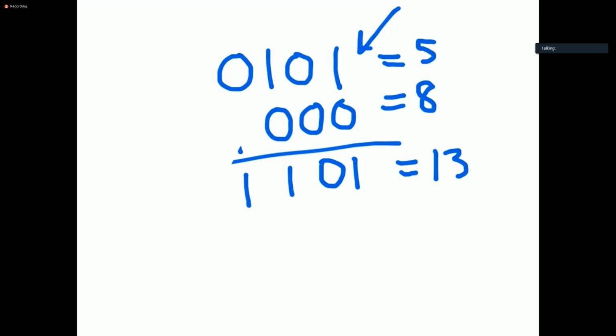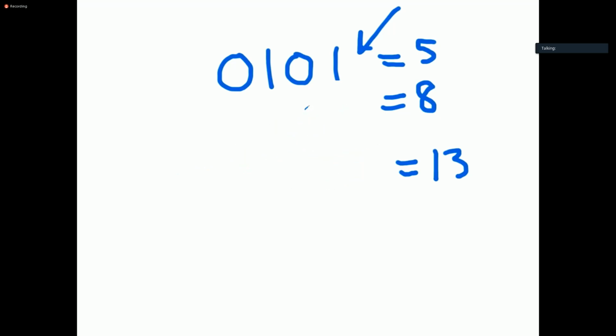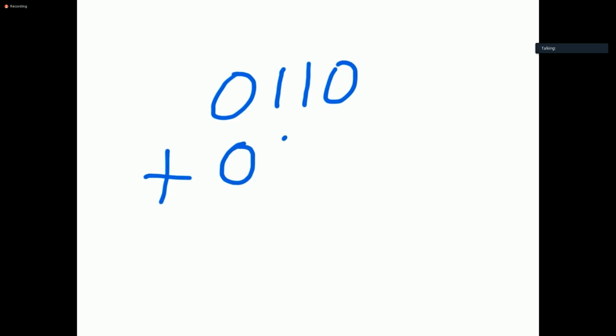Now, what if you have a problem where you're adding together two binary numbers and it's not so simple, where you have, let's say, something like this. You're adding together 6 and, let's say, 7. How do you do this? Well, first of all, you can think of this in terms of just adding together the places that are actually set and then constructing a new addition problem based on that.